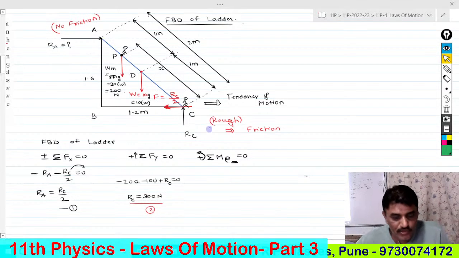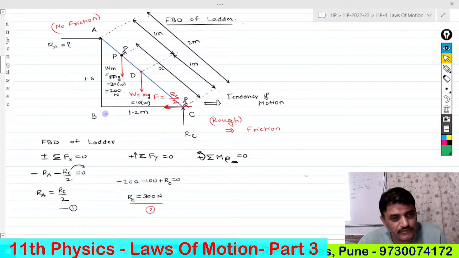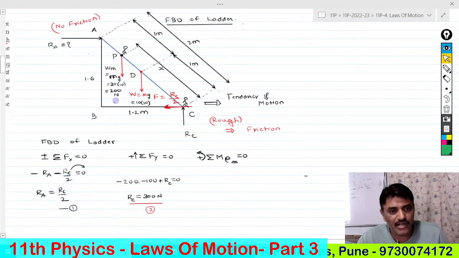Moment equation, I'll take moment about any point. Which point shall I take? I can take any point, whether that point is on the ladder, outside the ladder, it can be anywhere.